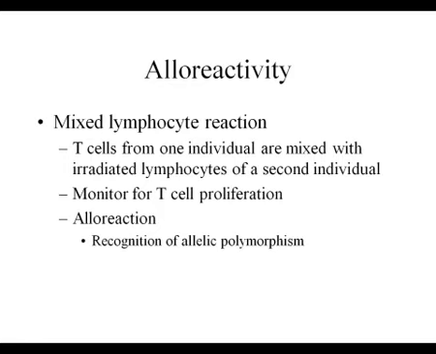So the T cells from individual A are going to be added to irradiated lymphocytes from individual B. You want to see if individual A reacts to individual B. So what are you going to watch for? You're going to put the T cells in, and you're going to see if the T cells are stimulated into dividing.